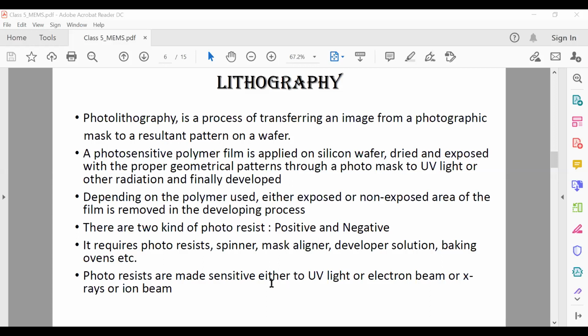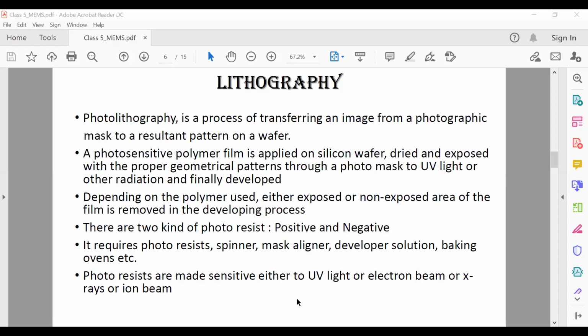Photoresists are made sensitive either to UV light, electron beam, X-rays, or ion beam. But out of all these lithography types, the ultraviolet exposure source is very popular.